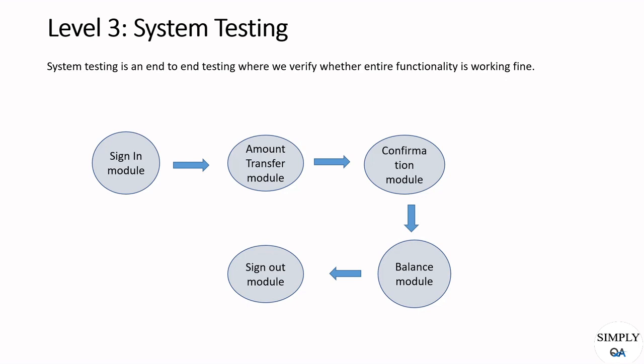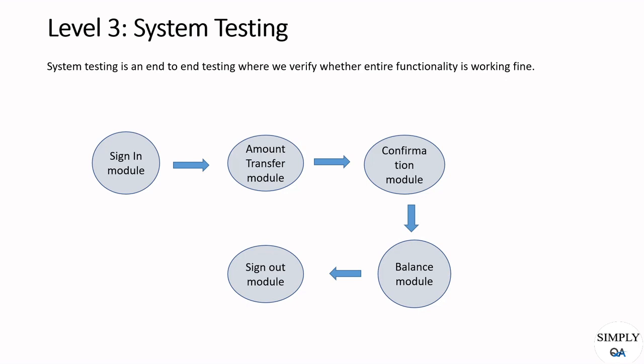Let's see our third level of testing, that is system testing. Testing the end-to-end flow of a particular application is known as system testing. This is to ensure whether all the functionality of that particular application is working fine. Let's consider the same example. Assume you have to transfer some amount to your friend, right? After opening the application, will you directly land on the transfer amount page?